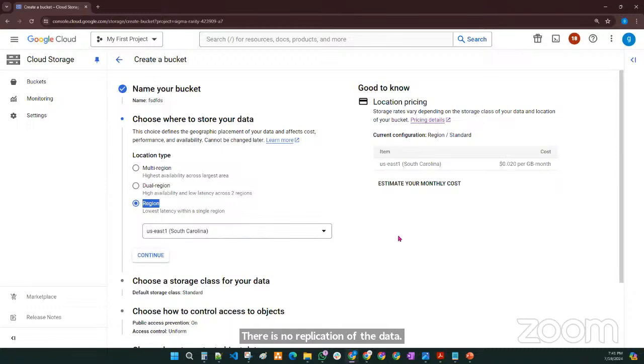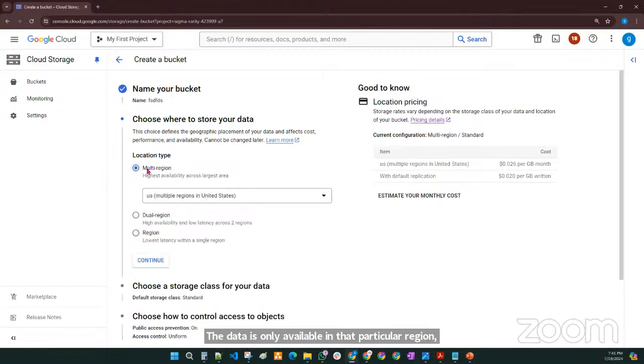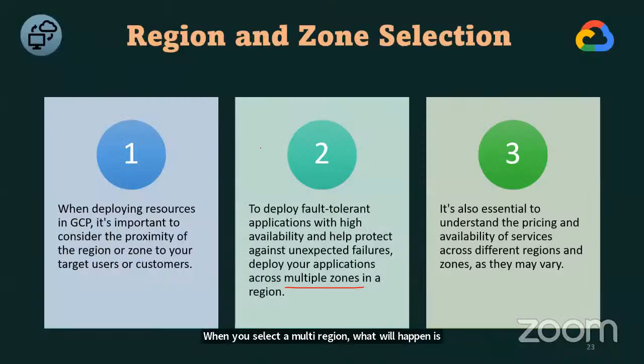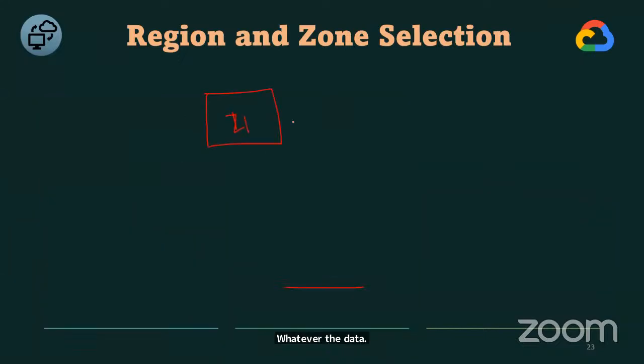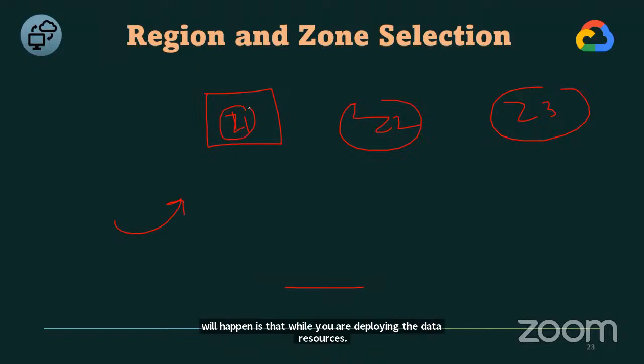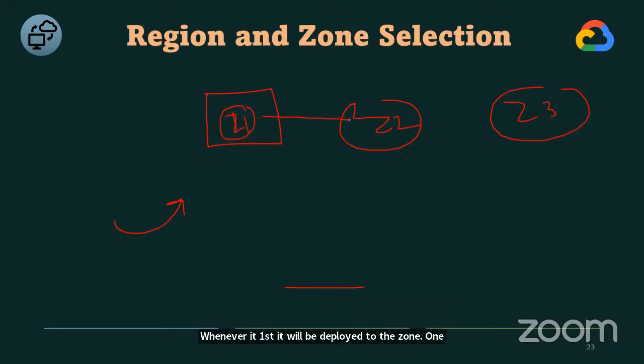So Google Cloud Platform comes up with the concept of replication. What is that replication? When you select a single region, the data is only available in that particular region. But when you select a multi-region, whenever you are deploying the data resources, whenever it is deployed to zone 1, due to the high bandwidth network and low latency network, it will be replicated to zone 2 because you selected multi-regions or multi-zones.